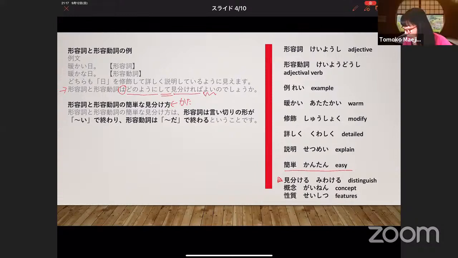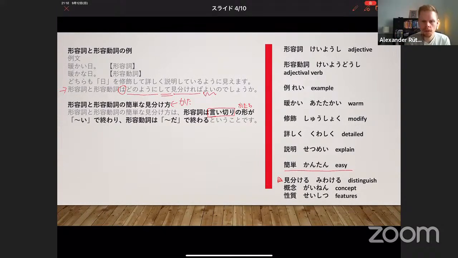Do you remember? 言う is to say, and 切る is to stop. So say and stop, that is a full stop. 言い切りの形が. In this case, you need to pronounce it in kunyomi.